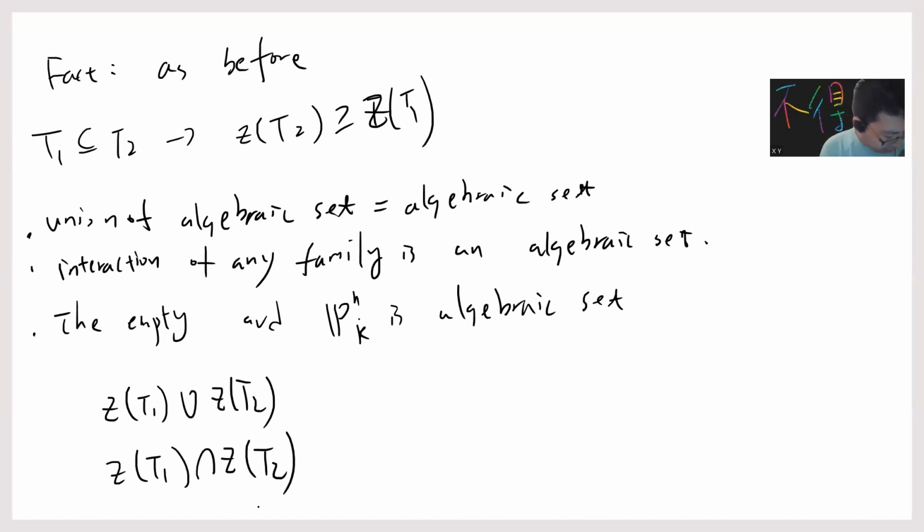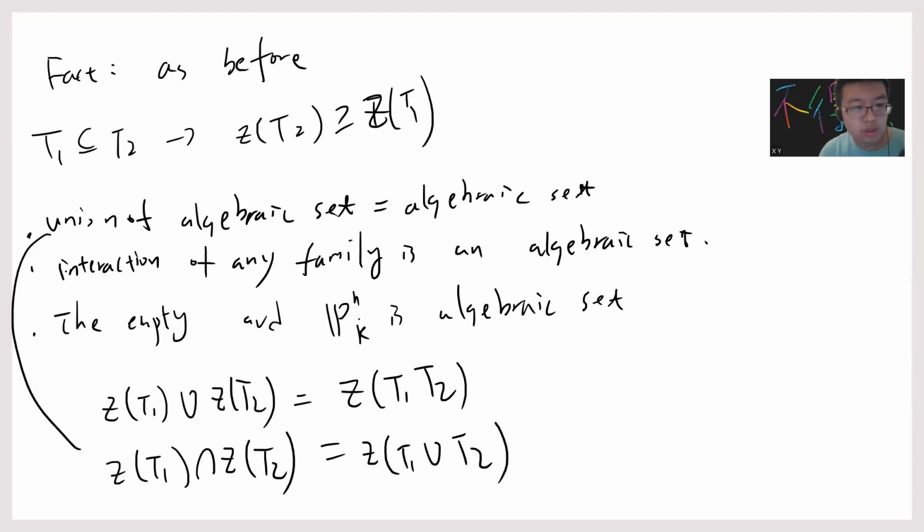I think this is the same as the relationship in the affine variety. So you can check that this gives you the same thing. For example, you can check this, and this one will give you the Z(T1 union T2). So this proves these two.